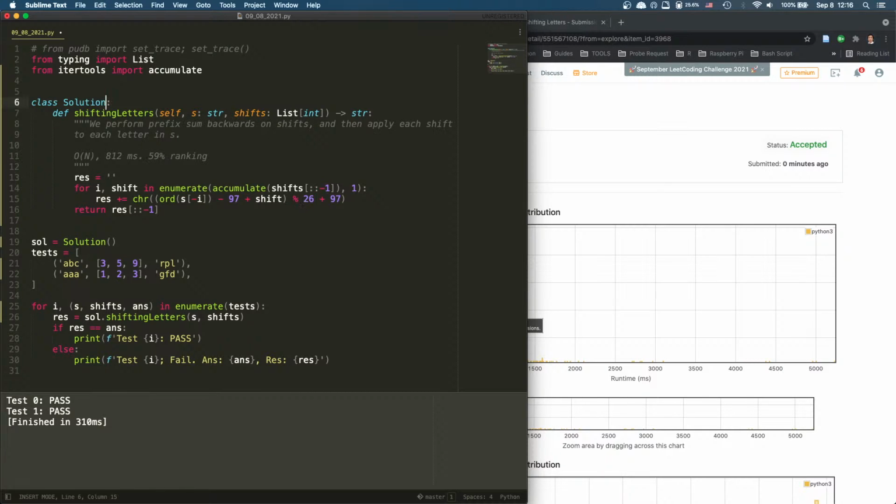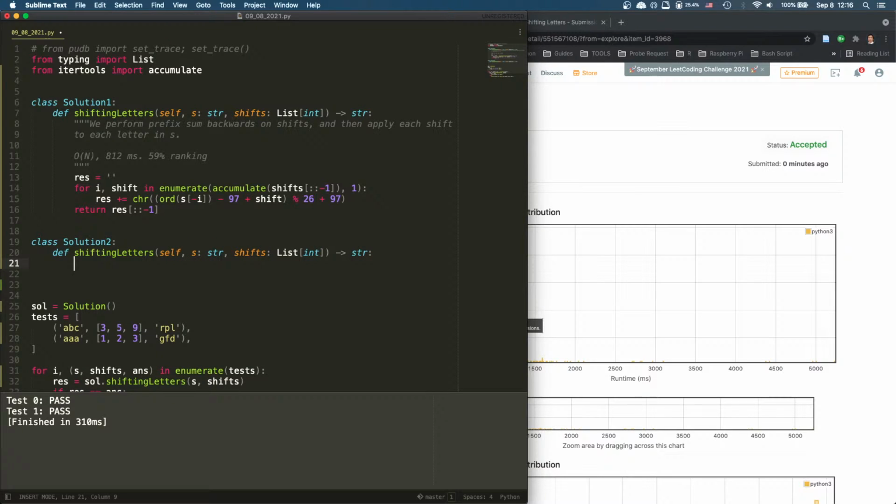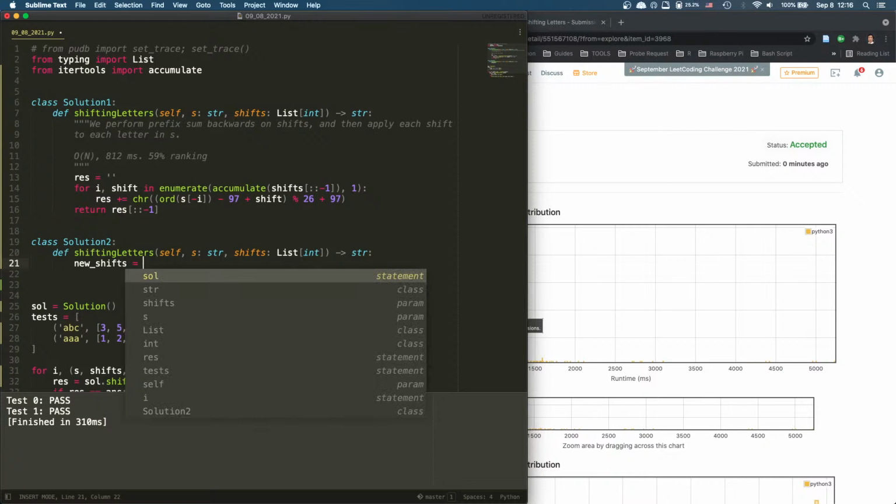I have this idea. Let's try it. So what we can do is we get the new shifts.